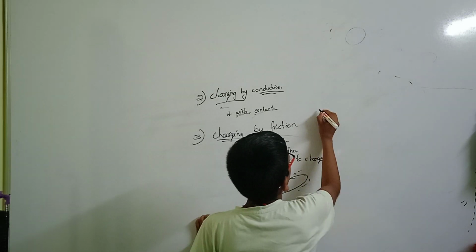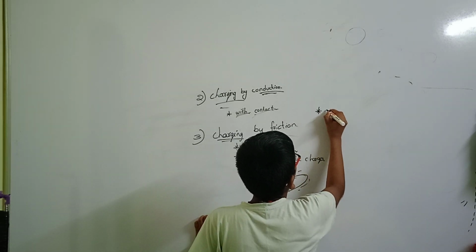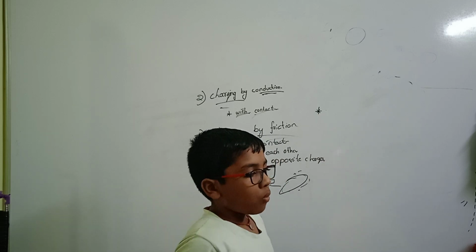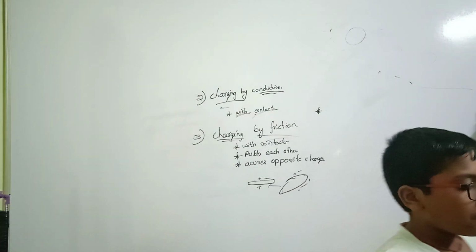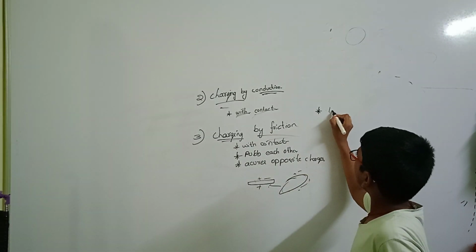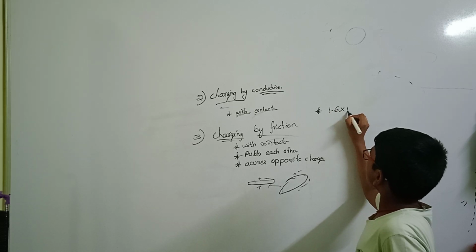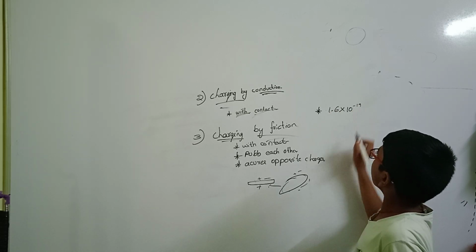Next, some main points. What is the main value? 1.6 into 10 power minus 19.